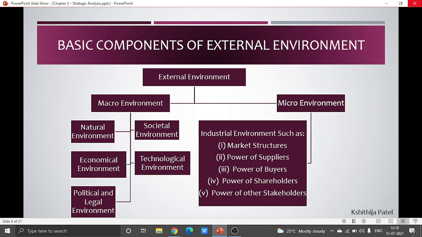Then we have this societal environment. Now, with this increased awareness in the society that is happening, the expectation of society from the business has undergone radical changes nowadays. Nowadays, society considers business as one of the integral parts within the society.